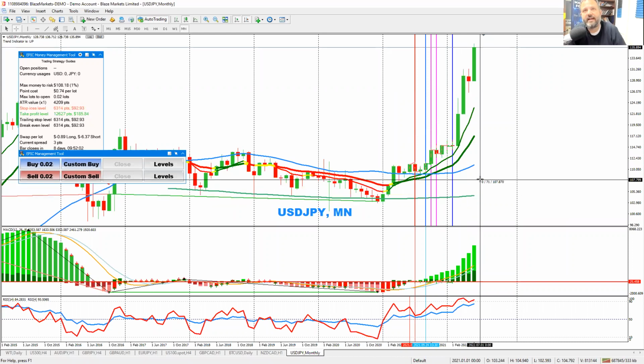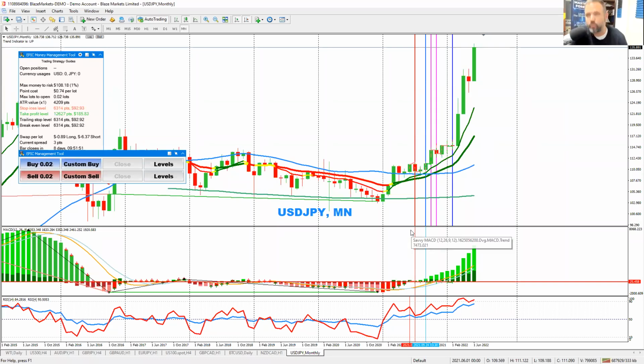As a matter of fact, it's up almost every month. There's been a sideways month, another sideways. So there really hasn't even been a down month in 18 months in a row. That's really, really powerful. 18 months in a row, we've been going up.